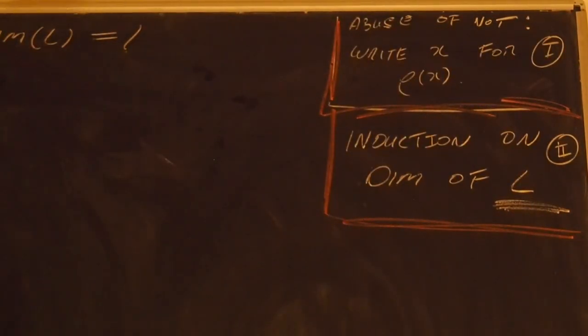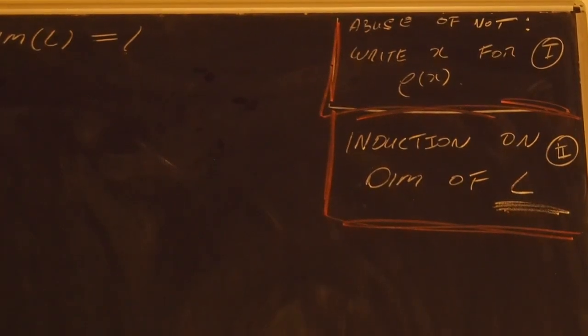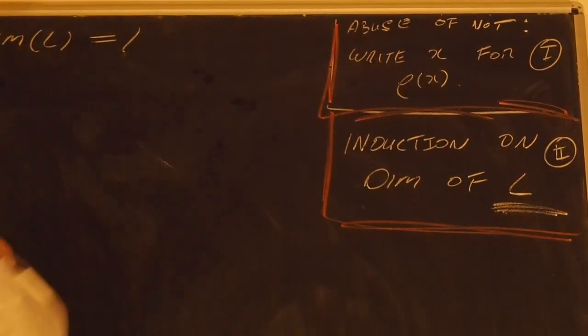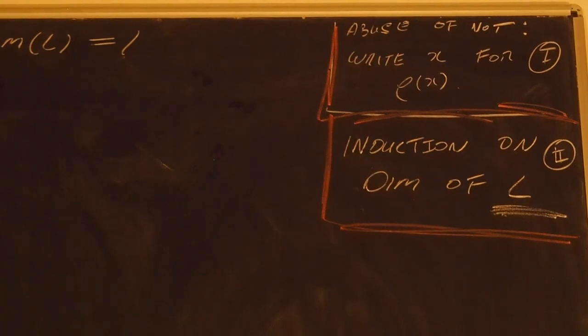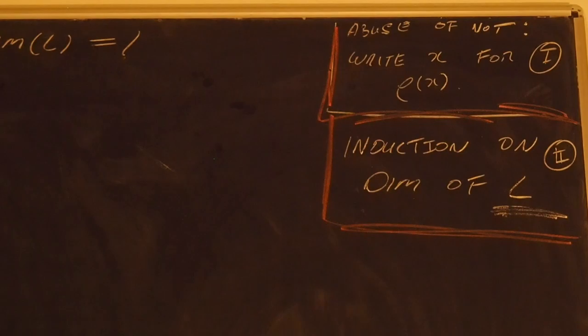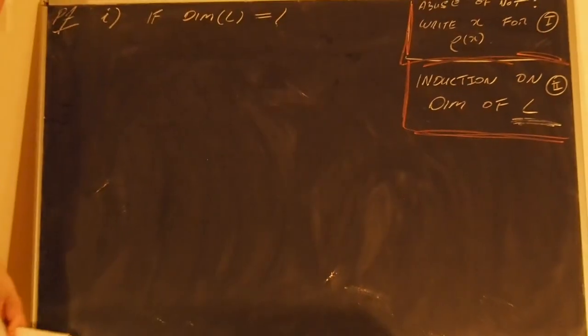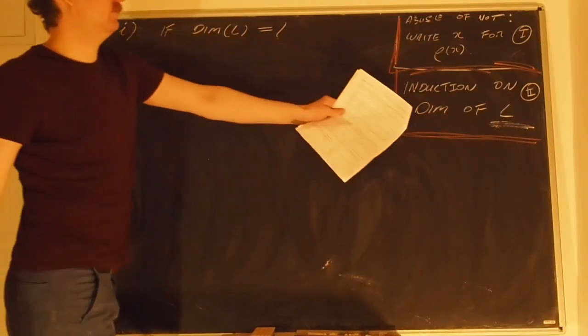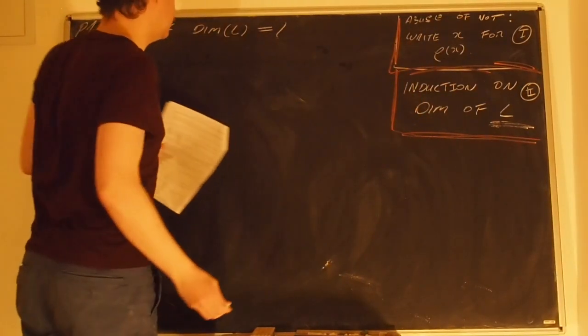Not the vector space we're acting on. The representation, we're just going to do all finite dimensional representations in one go. Induction will be on the dimension of L, the dimension of the Lie algebra that we're looking at. Just try to keep this in mind to stop things getting confusing.